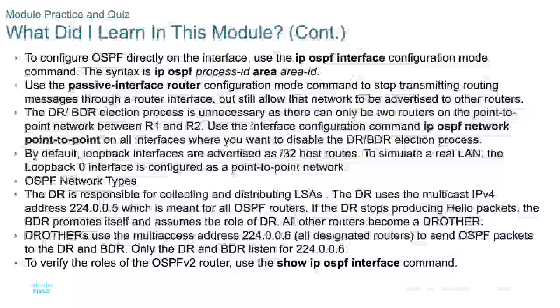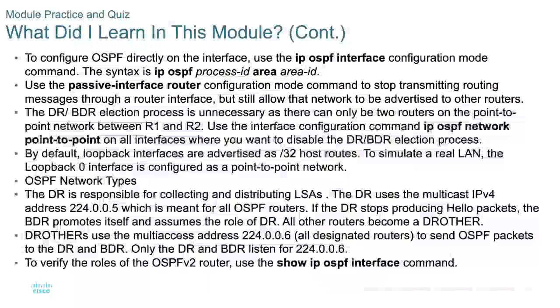So with this, we join the interface to the process using IP OSPF process ID, area ID. So in the examples we used, that would have been IP OSPF 10, area 0.